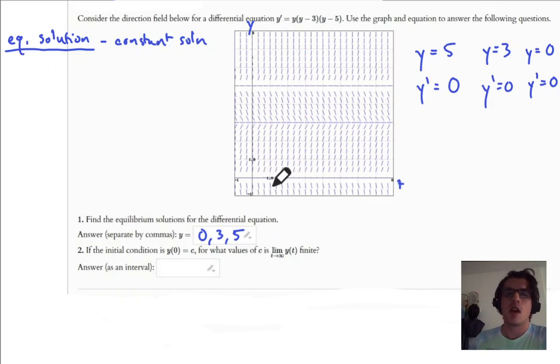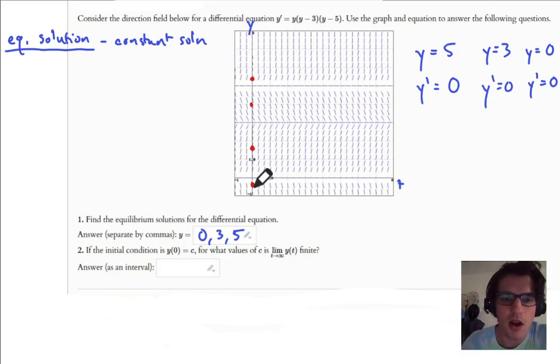Okay, so we have the whole y-axis we could pick, but what we need to pick are values below, in between, and above our equilibrium solutions. Because let's see what happens.